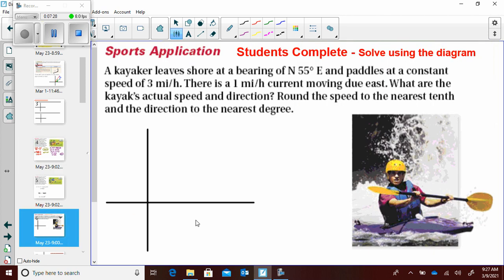Okay. I'm going to set this diagram up for you, and I want you to complete the answer using this diagram. So we have a kayaker who leaves shore at 55 degrees east of north. So we're going to be going this way here. That's my 55 degrees east of north.